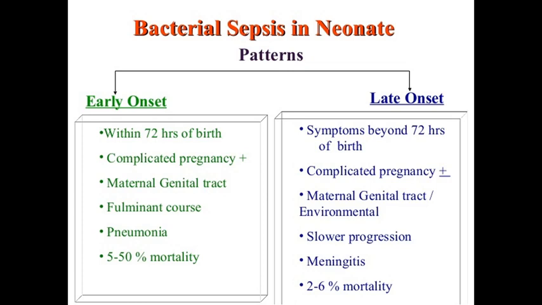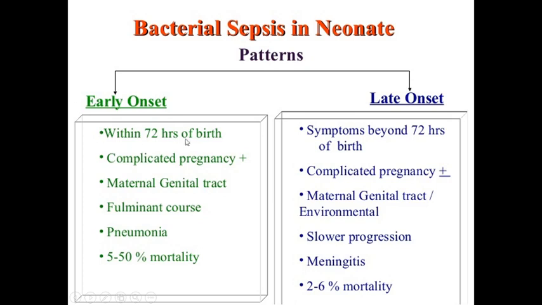In early onset neonatal sepsis, the most prominent presentation is pneumonia, and in late onset neonatal sepsis, the most adverse complication is meningitis, right? So that you have to remember.